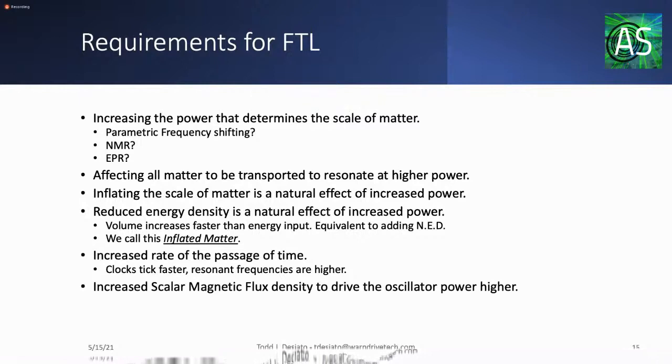And that's critical because it requires work to be done to create an anti-gravity field. So anything that thinks you can get anti-gravity from a static field where no work is being done, it's not going to work. You have to have a dynamic field that can do work on matter in order to produce an anti-gravity effect.